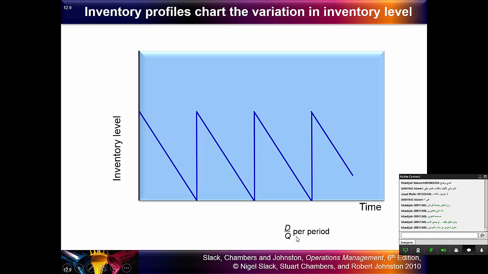So this is the number of orders for the inventory.